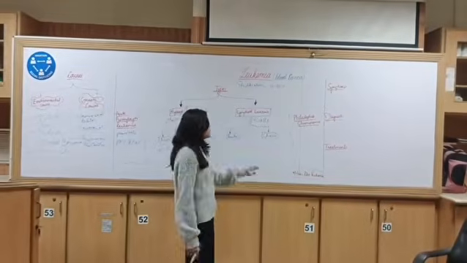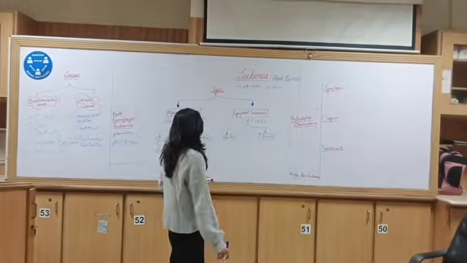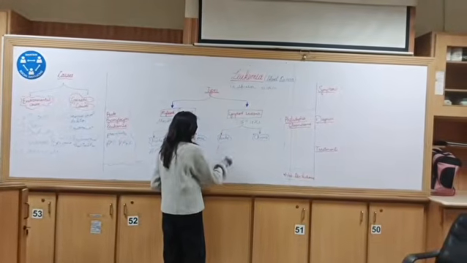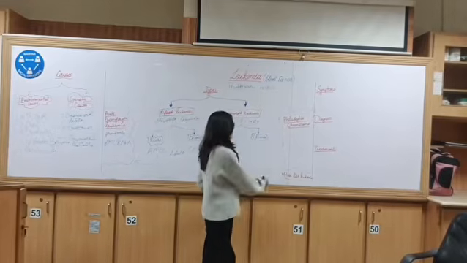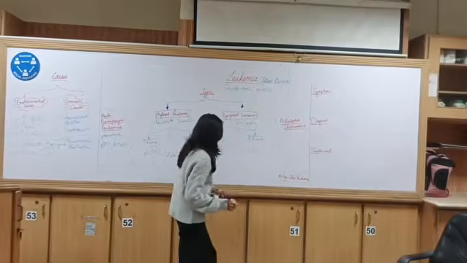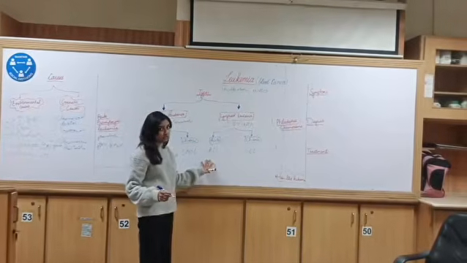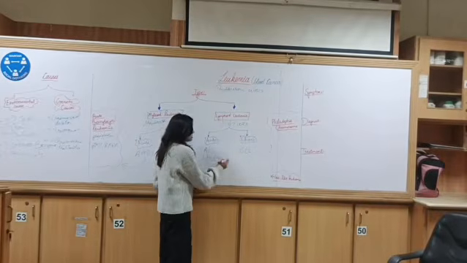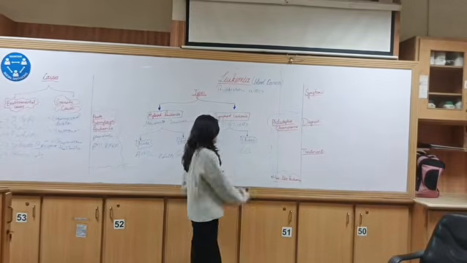Moving towards lymphoid leukemia, it has an acute type, acute lymphocytic leukemia, and a chronic type, chronic lymphocytic leukemia. Acute lymphocytic leukemia is common in children and CLL is common in young adults.